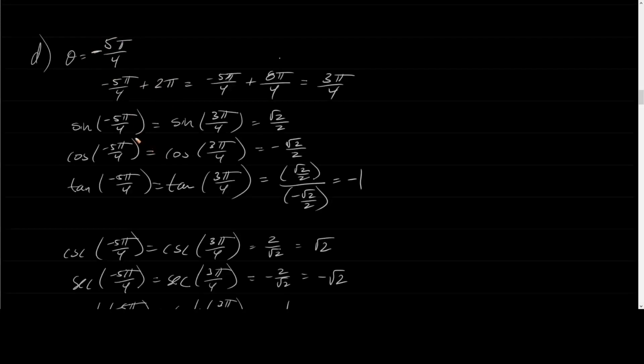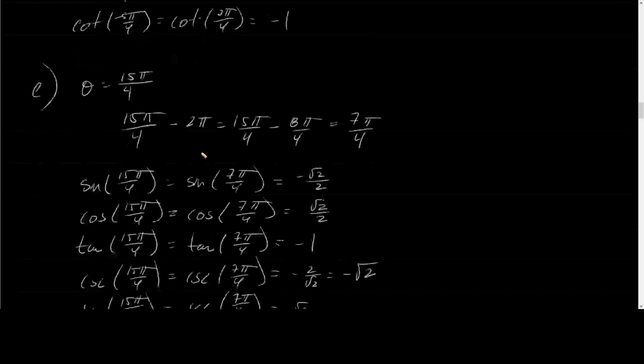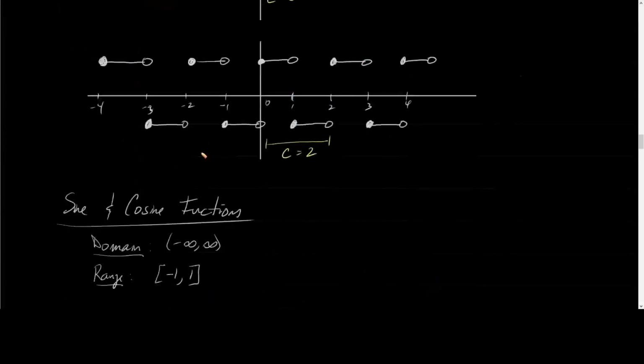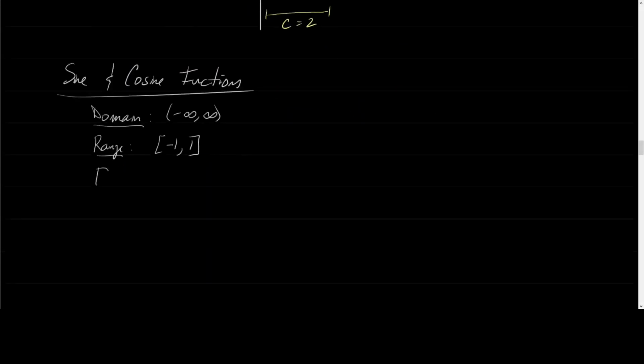Well, essentially what that tells us is that by adding one rotation, I'm back to the same value. That is the period of this function of sine. Similarly for cosine, adding one full rotation gives me that same value right there. So that would be the period of cosine. So for both sine and cosine, we've got the period being equal to 2 pi.